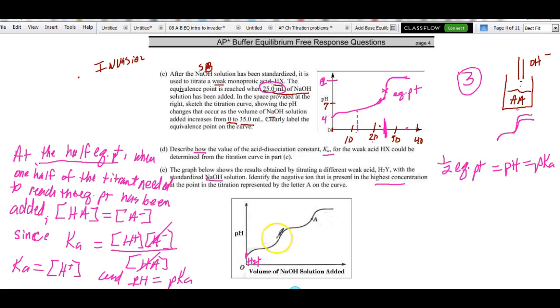And as we're doing this, it's a strong-weak titration, so we've got all this buffering back and forth. This is a buffer zone. And then halfway, this is your equivalence point, which means that you've used up all of your acid. So you've got two dissociations, let's put it that way. The first one gives you H plus and HY minus. The second one, HY minus, then releases that, and you get Y2 minus.